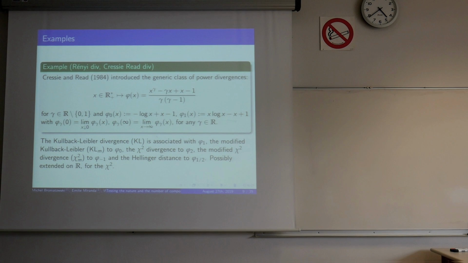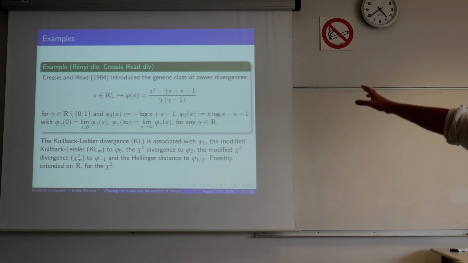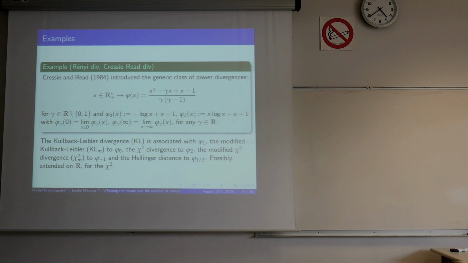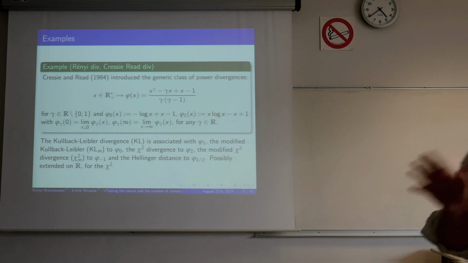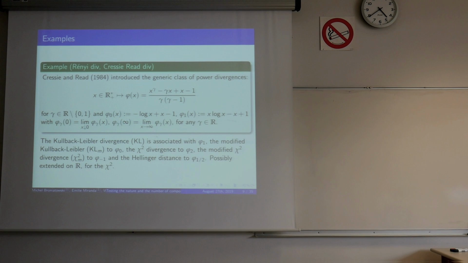And this class, which is Cressie-Read, is interesting because globally, except for the L1 distance, it contains globally what you want to do in statistics, basically. It's connected with so many other kinds of questions. Maybe we'll talk about this after. Okay, so globally, Kullback-Leibler, chi-square, modified chi-square, Hellinger, likelihood, etc.